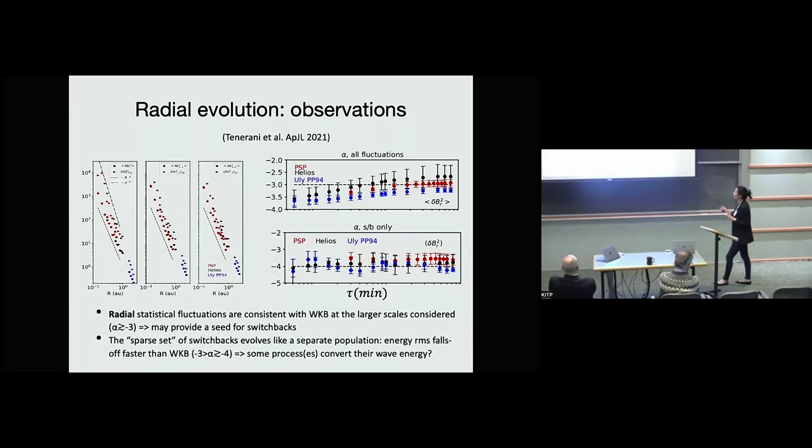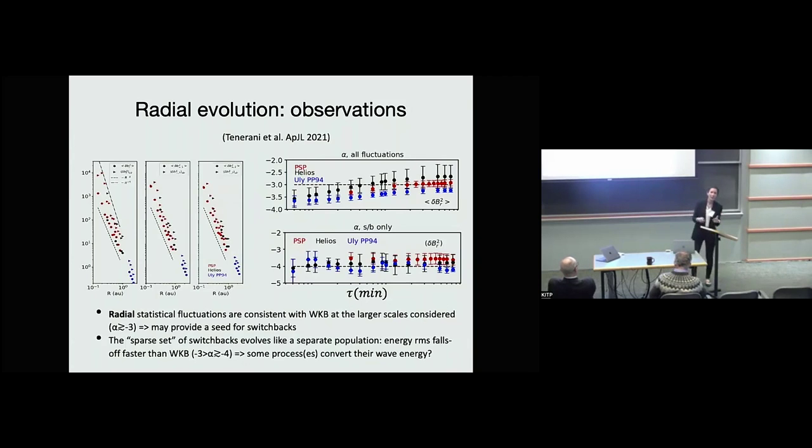And second, once you have formed switchbacks, you have this amplitude so large that some process, this is our speculation, some processes must come into play to put a cap on the maximum relative amplitude that you can get. And this is important because these processes, whatever they are, are responsible for converting energy stored in the wave into other forms, such as internal energy.